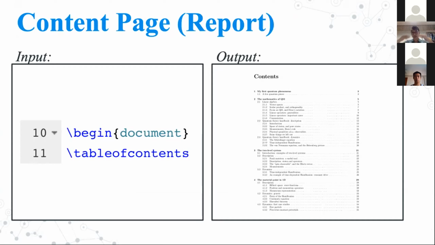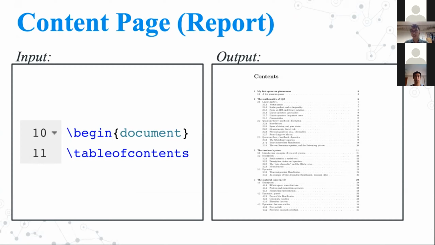But in articles, your title is on the first section, right? Then it's your stuff. So if you do a content page on an article, your content page starts first. There's no cover page. It's just the content page. Then after that, your title appears on the next page. So I would say doing content pages on articles is quite silly. It doesn't really make sense. So try and use content pages only for reports.